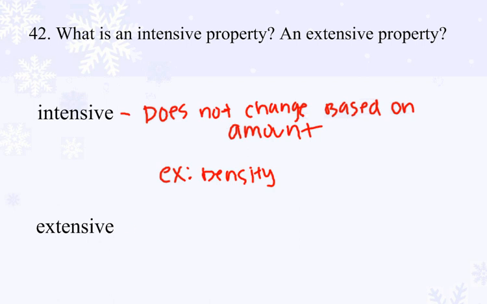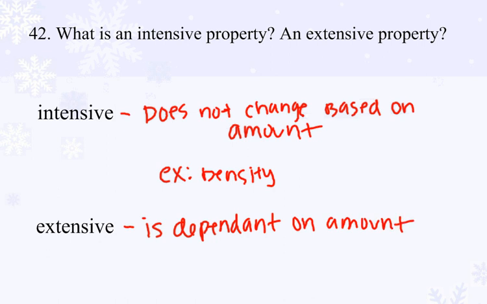Extensive is just the opposite. It does change based on amount. So we say this is dependent on amount. And an example of this would be mass.